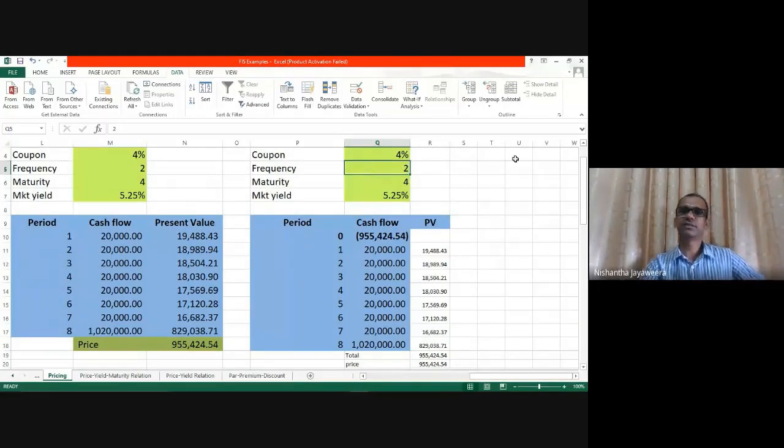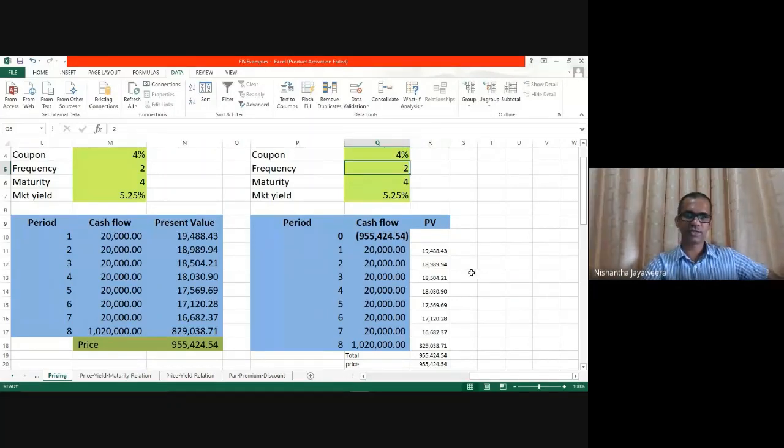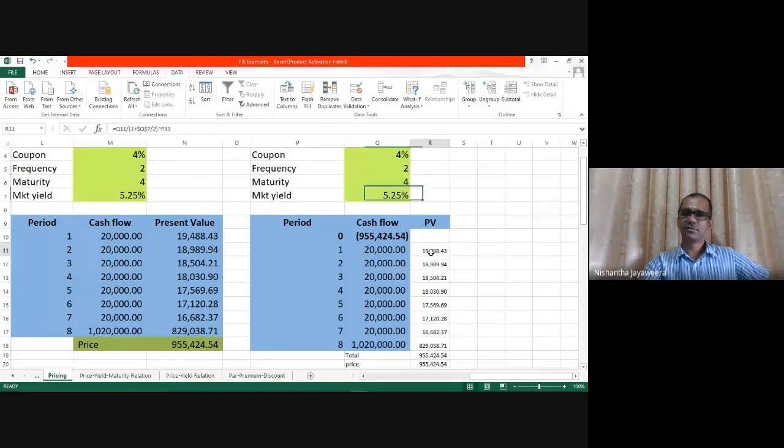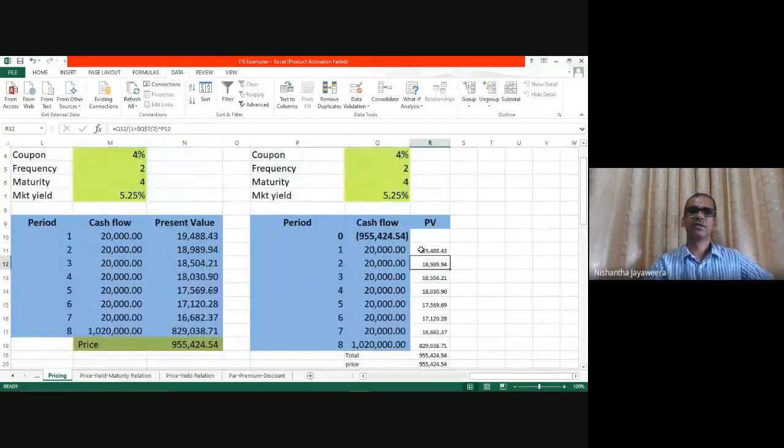In the other two methods, when we use the Goal Seek method, we don't have to do that because we have already adjusted it in the present value calculation. We have divided that by 2, or whatever the frequency is. Clear?